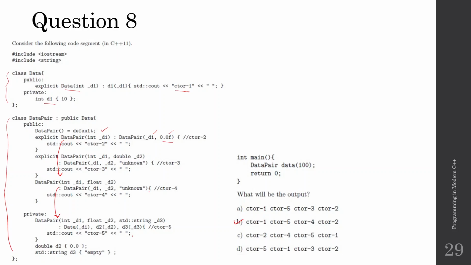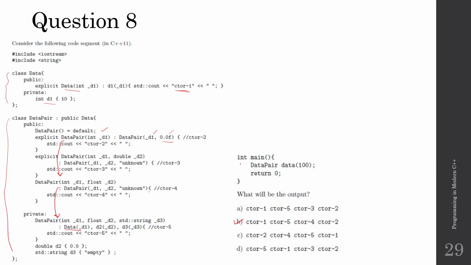It sets the value of these variables and it prints setter 5. Now one thing to note here, that while initializing the values, it initializes the base class also. And as you can see, the base class prints constructor 1.